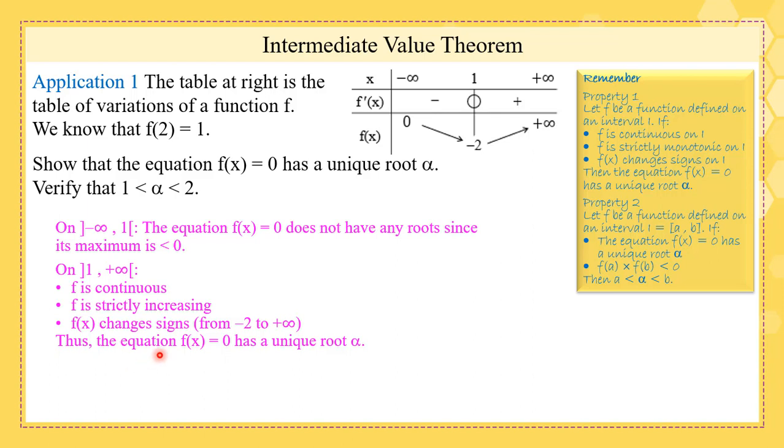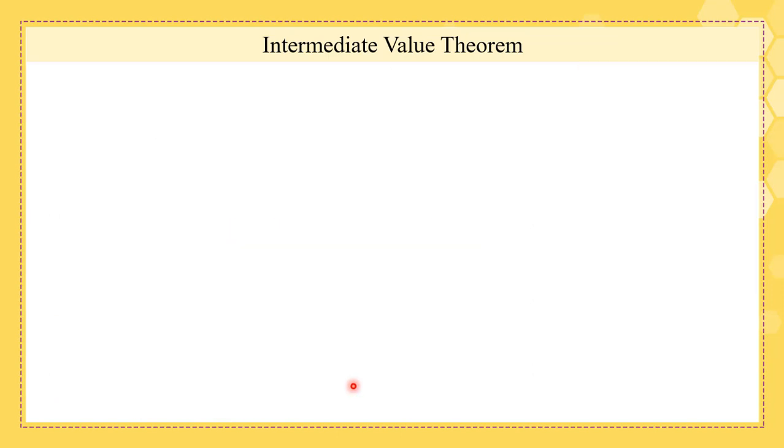So we can say that the equation f of x equals 0 has a unique root alpha. But we know that f of 1 is -2, which is negative, and f of 2 is 1, which is positive. So their product is negative, and we can say that alpha falls between 1 and 2. Finally, the equation f of x equals 0 has a unique root alpha.